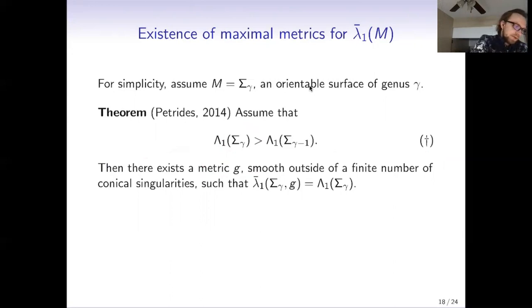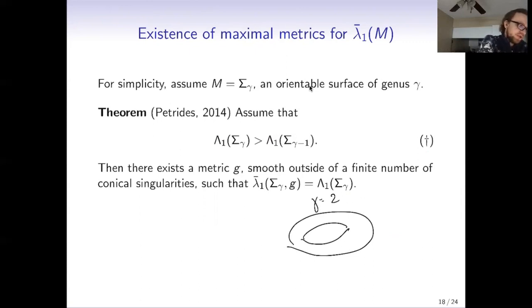Let me take genus gamma, suppose gamma equals 2, just so I can draw a picture. I'm looking at genus 2 surfaces, and I want to show that there exists a maximizer. What I can always do is the following. I can take my equilateral torus. This is the maximal metric on the torus. I cannot really draw it, but suppose this is it.